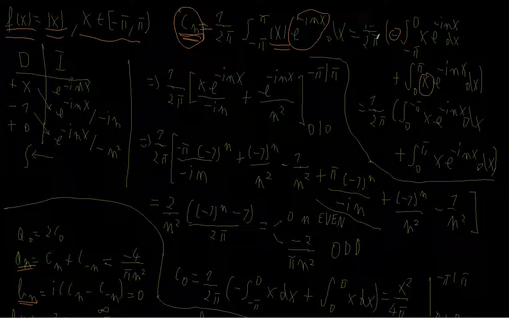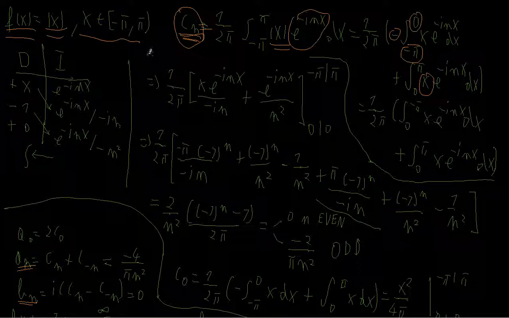So we have 1 over 2 pi times negative the integral from negative pi to 0 of x e to the negative i n x dx plus the integral from 0 to pi of x e to the negative i n x dx. And so now I can switch this negative pi and this 0, and so I will get a minus here, okay?